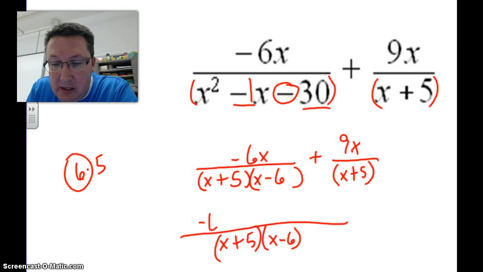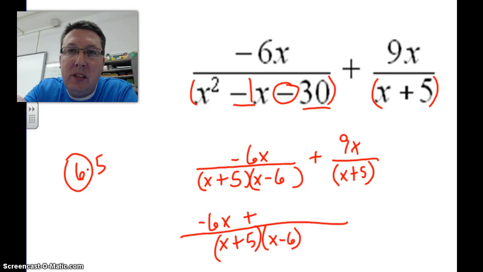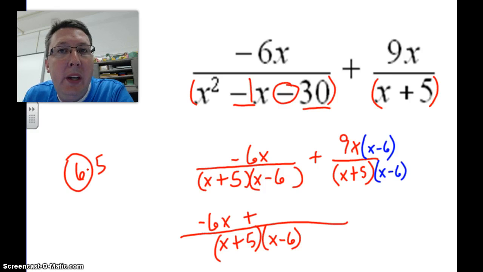That's going to stay negative 6x. Plus, in the second fraction, I have x plus 5, but I need x plus 5 and x minus 6. So that second fraction, I'm going to multiply by an x minus 6. Now, one of the most important things is always wait to distribute on this problem, on the numerator.